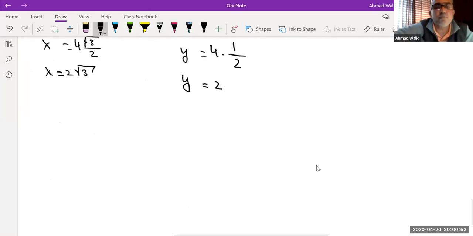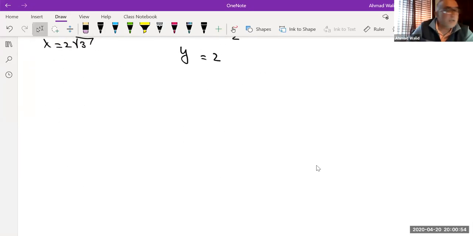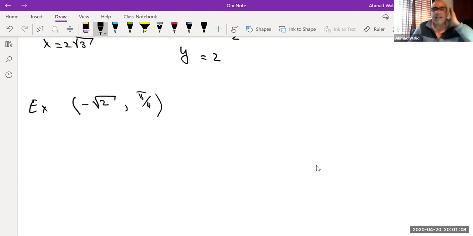Let's do one more. Again, convert negative radical 2, comma, pi over 4. First thing, you have to find where negative radical 2 and pi over 4 is.